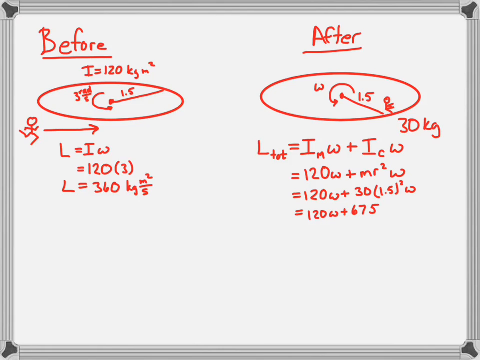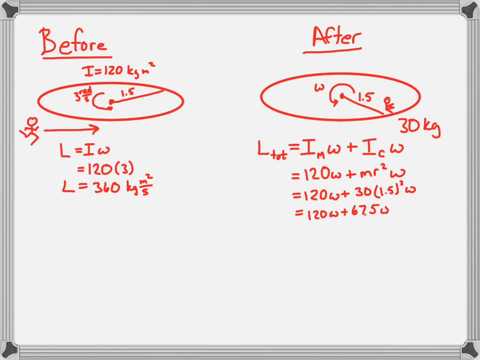I don't have a calculator around. Let's see if I can quickly grab one just to make sure my numbers are right. Ah, here's one. Sorry for the delay. So 1.5 squared, 2.25, yeah, I got that right. And then multiply it times 30, 67.5. All right, so my mental math is correct. Sorry for that delay.